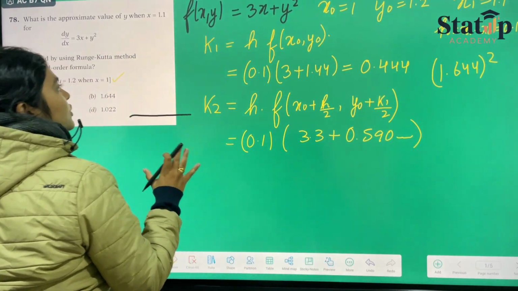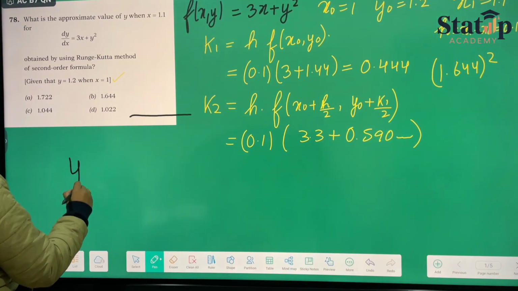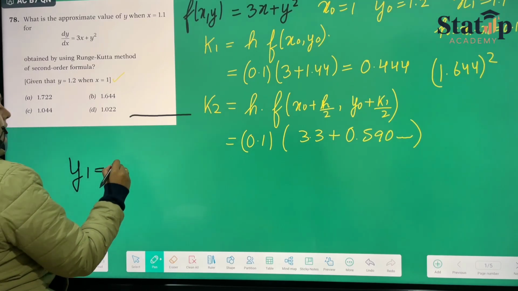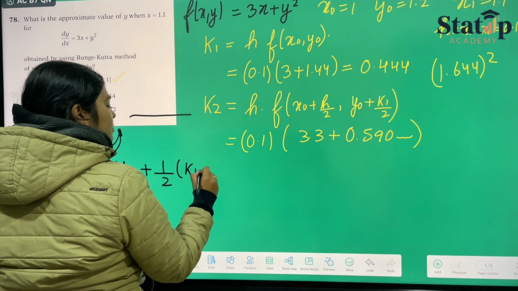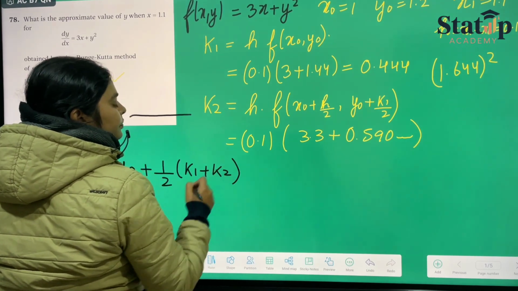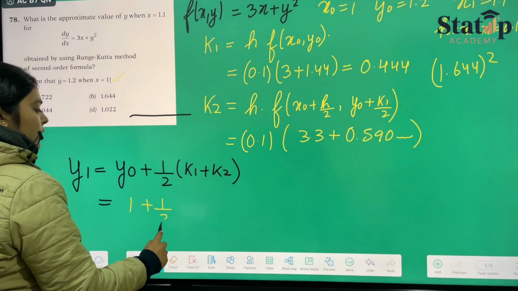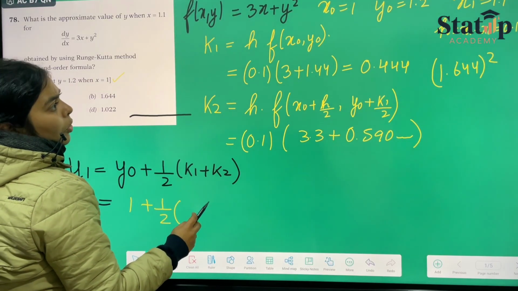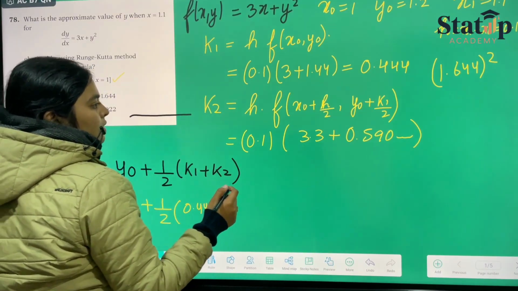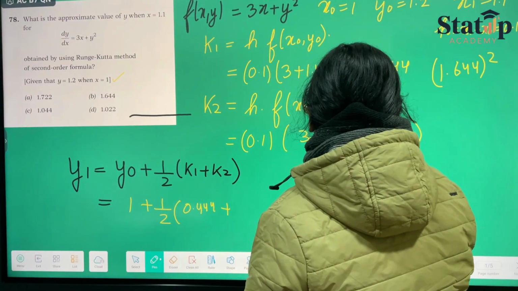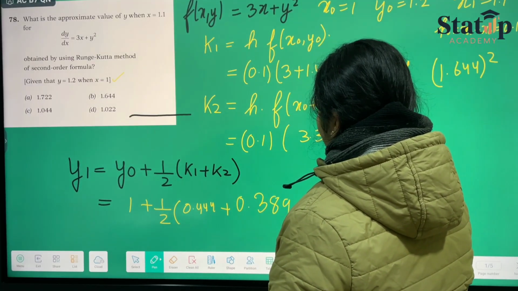And then if we solve by using the Runge-Kutta method for y1 for second order, it is y naught plus half of (k1 plus k2), which equals y naught is 1 plus half of k1 is 0.444 and k2 is 0.389 something.